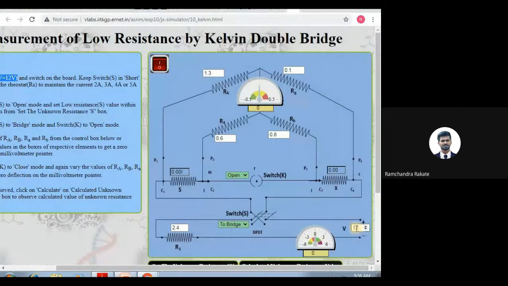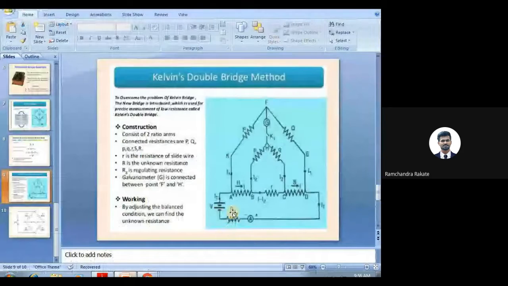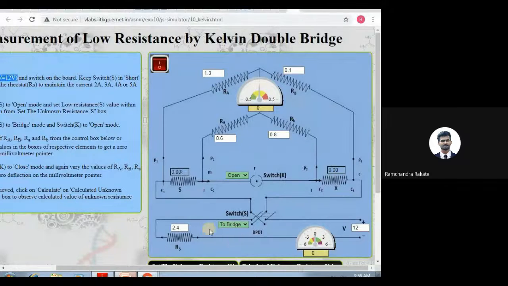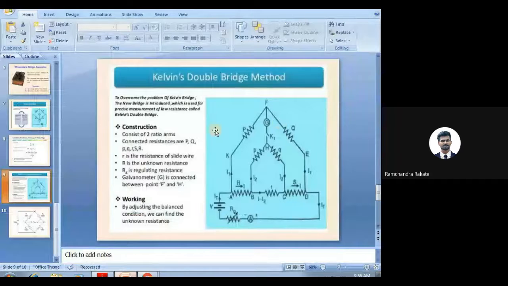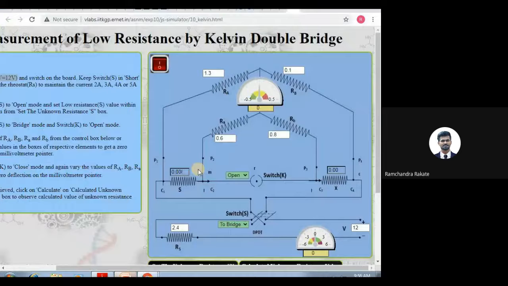So this is voltage 12 volt and this is the current meter. Among this we have variable resistance and ammeter, that is this one. So if you map what we have done, we have just mapped our theoretical circuit with the practical one. Now let us start with the procedure.